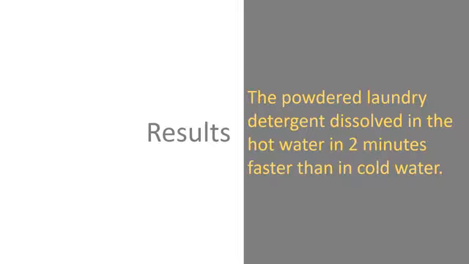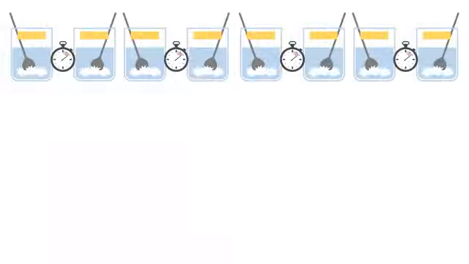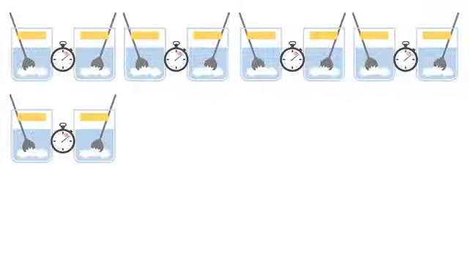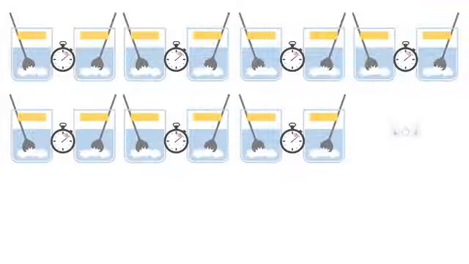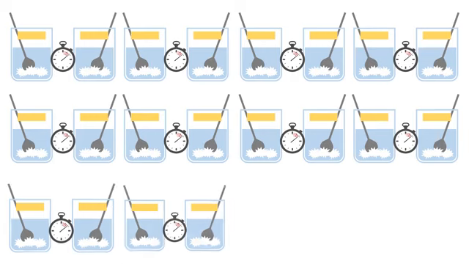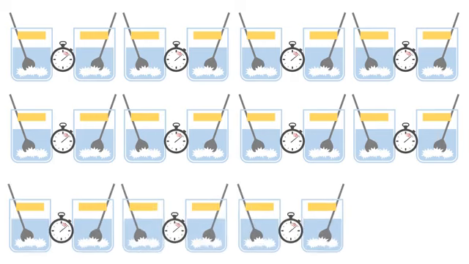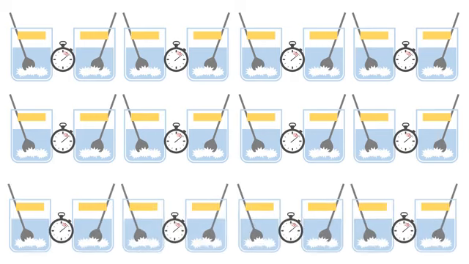Now, if we were being truly scientific about this, doing the experiment once is not enough. Ideally, you will need to do that exact same experiment over and over and over, recording it each time, and then maybe taking the average time it takes for the detergent to dissolve.